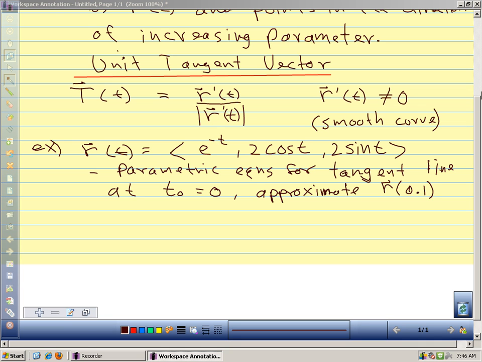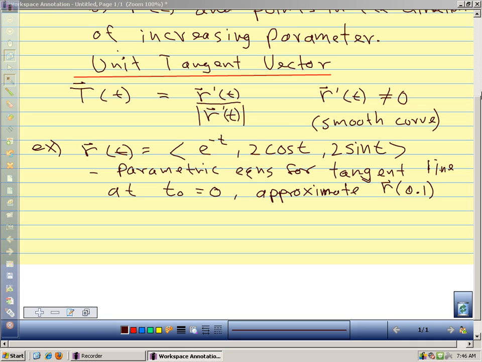So the 2 cosine t and the 2 sine t in the j and k components give us a circular motion parallel to the yz plane, and the e to the minus t is an exponential function.